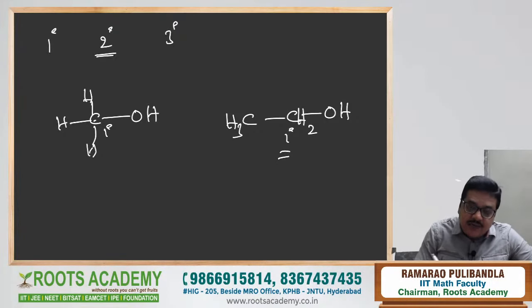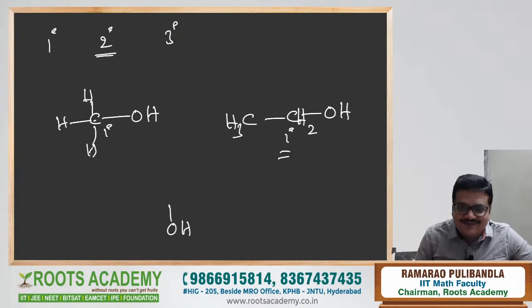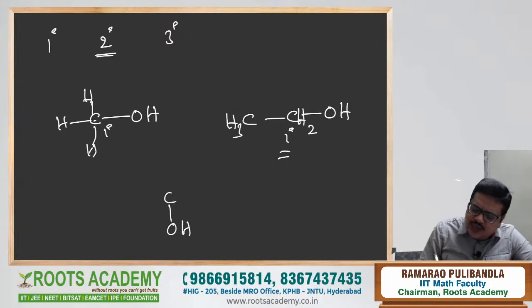Next, secondary. What is the meaning of secondary? If OH or any group is attached to a carbon, and this carbon is again attached by two other carbons, this is secondary.